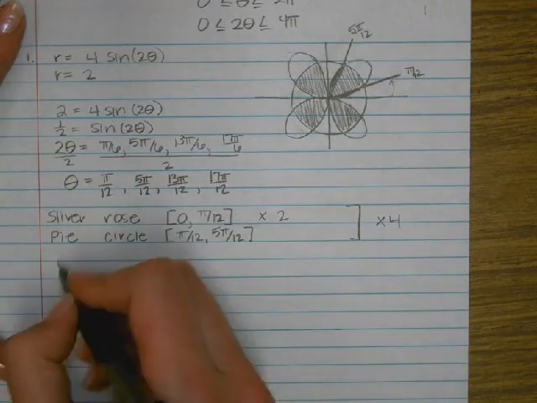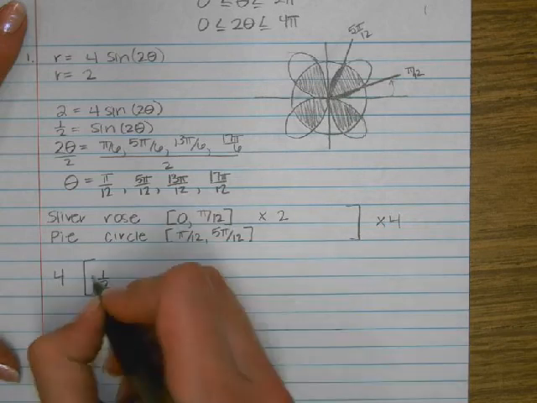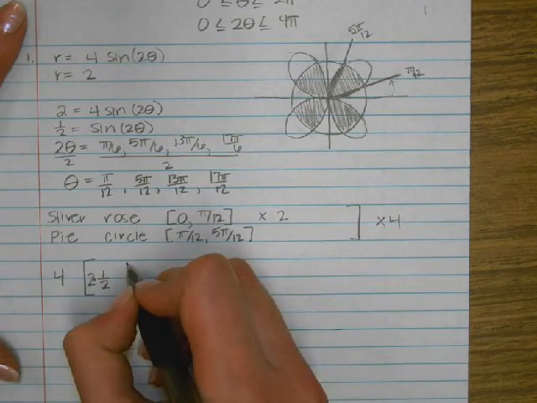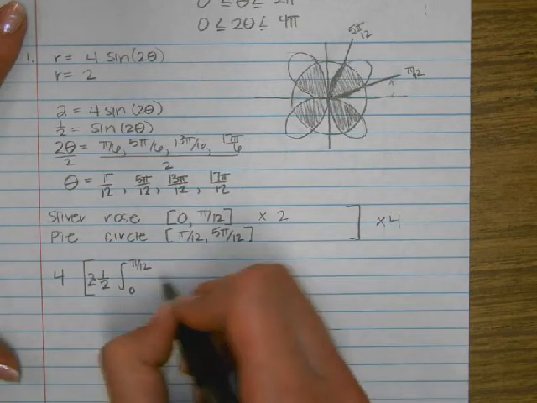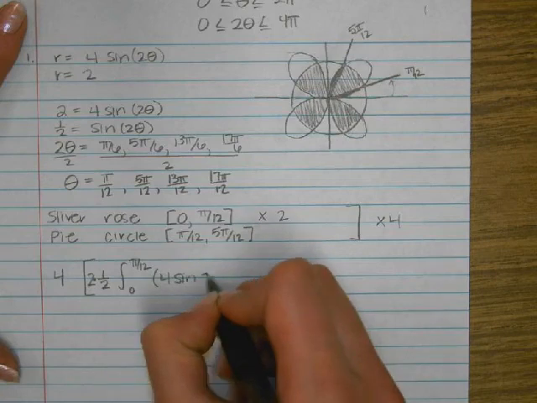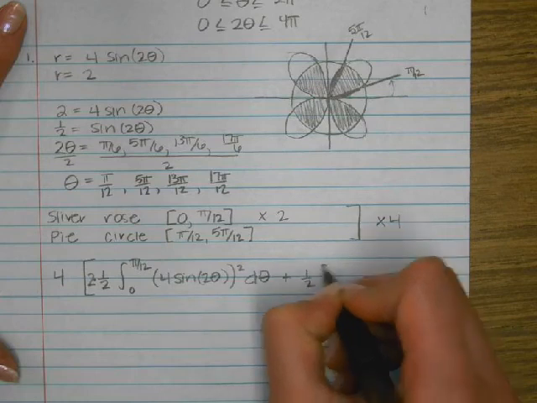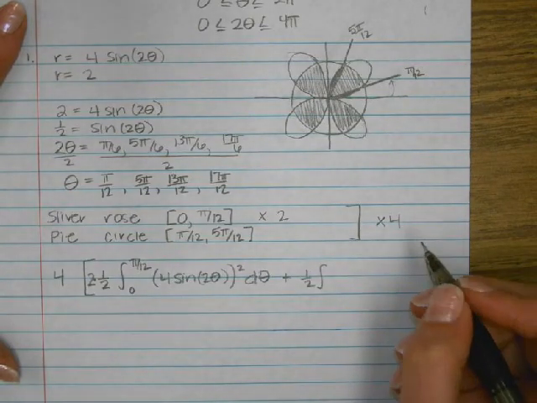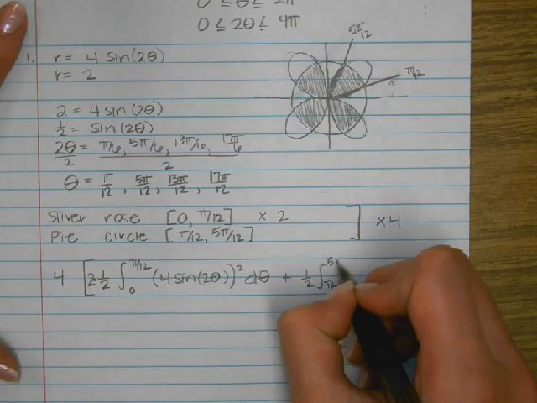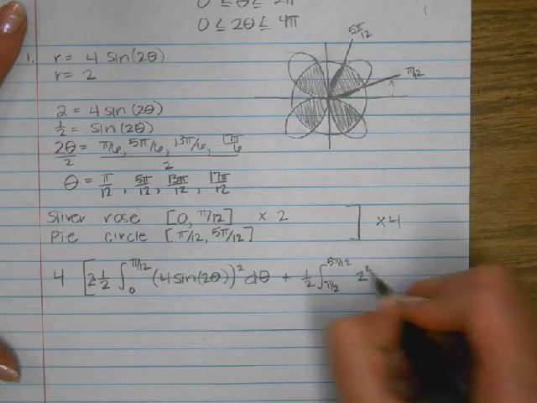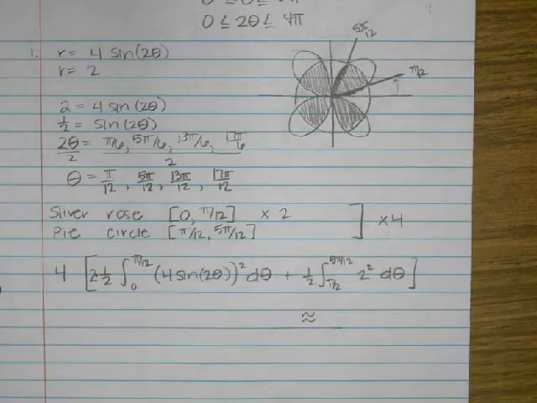So I'm going to say 4 times: I've got my sliver, and my sliver had 2 of those, so 2 times 1/2, and that was from the rose. And then I have the part from my circle.